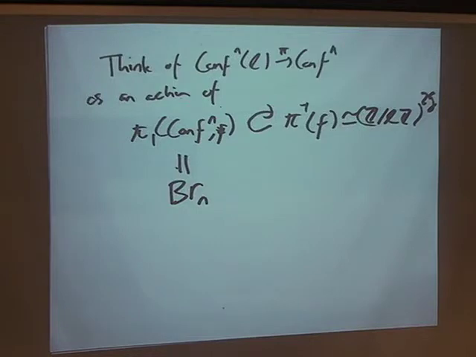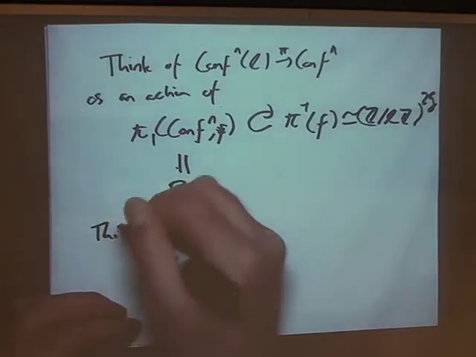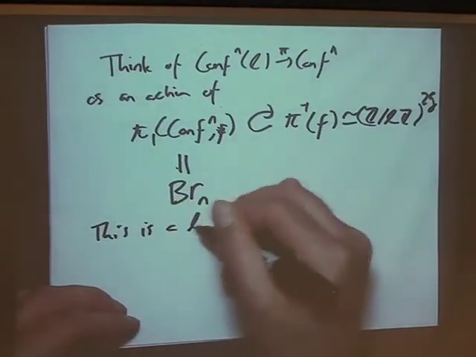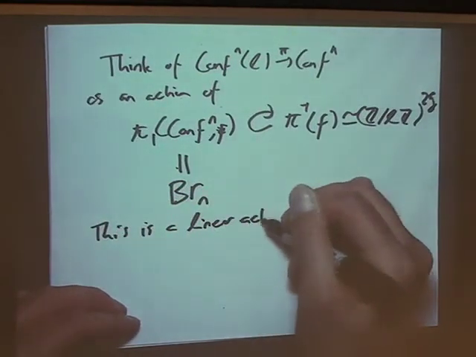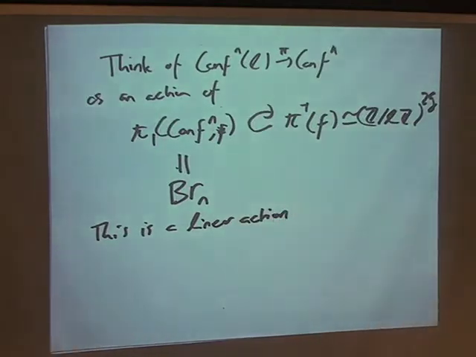But as is familiar from what you know about elliptic curves, it's not just acting on it as a set. This Jacobian is a family of group varieties, and the addition is preserved by the action. So this is not just a permutation, it's a linear action. So it's a representation of the braid group.